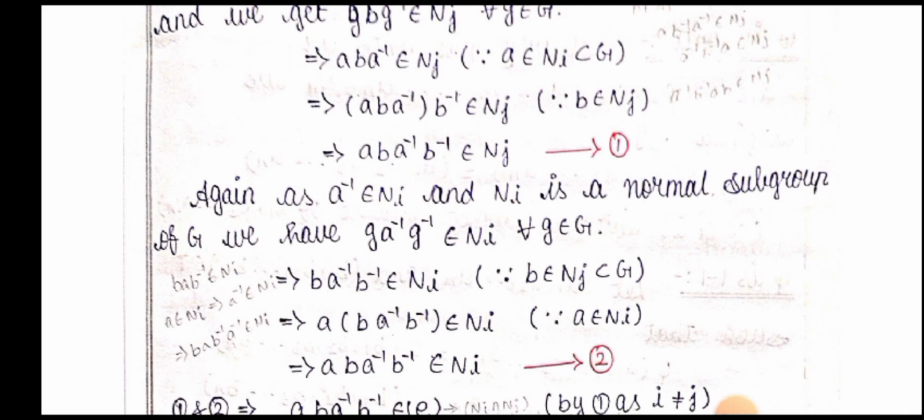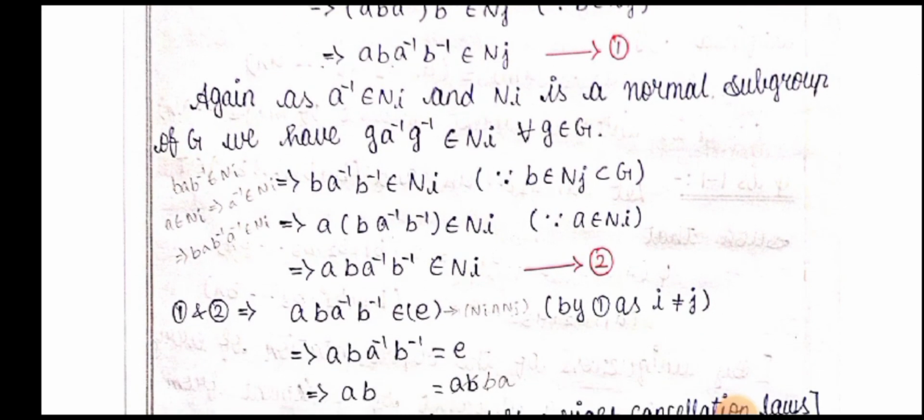Therefore b a inverse b inverse belongs to Ni, which gives a b a inverse b inverse belongs to Ni. Let it be equation 2.